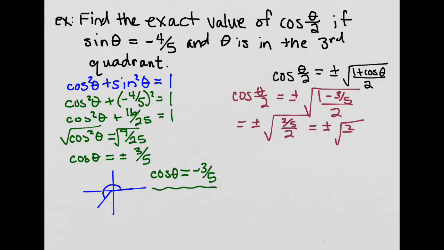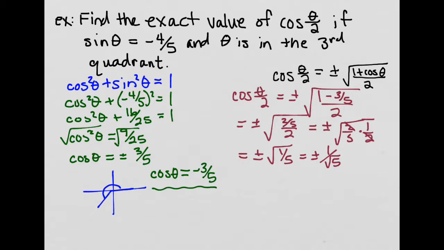So that's 2/5 times 1/2, because that's the reciprocal of 2. And we get plus or minus the square root of 1/5. Square root of 1 is 1. Square root of 5, we don't have an exact value for that other than a decimal approximation.